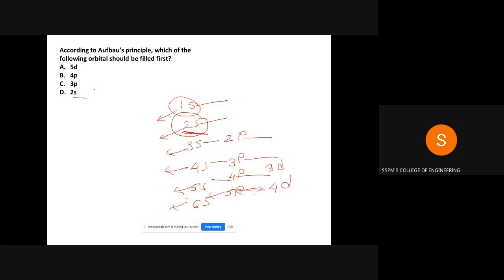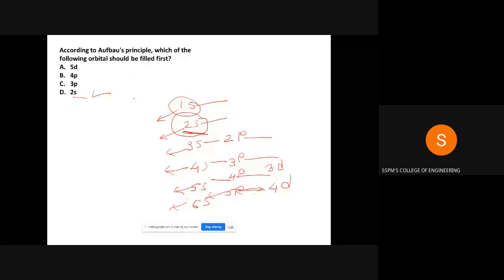So 5d is the highest energy orbital and 2s is the lowest, according to the Aufbau principle.